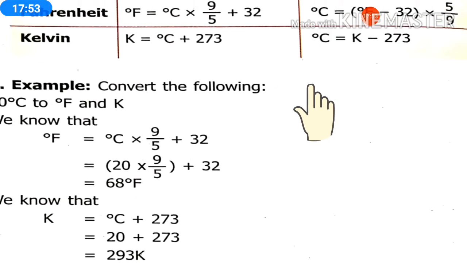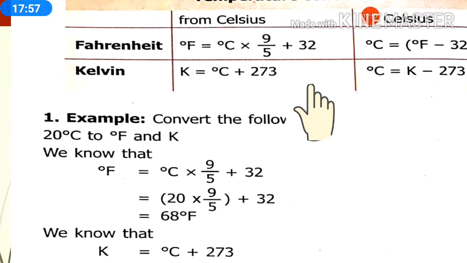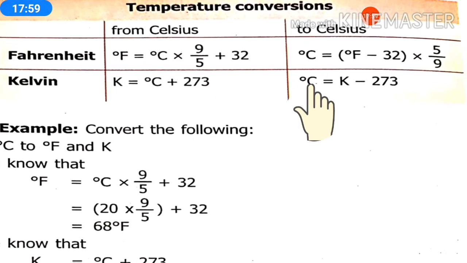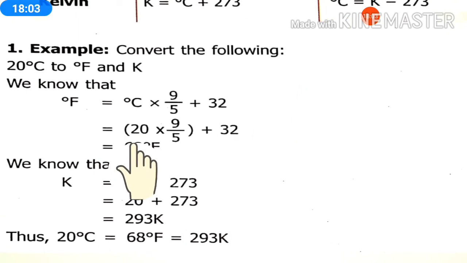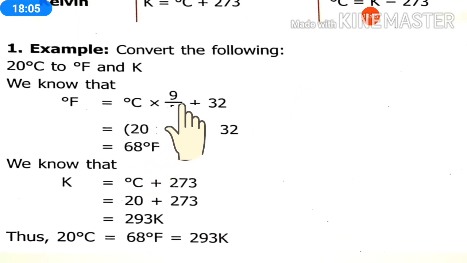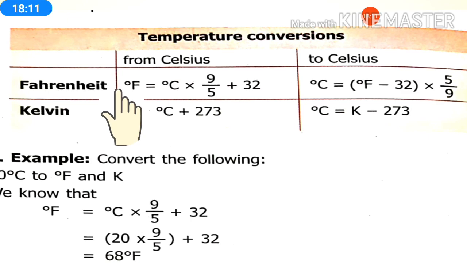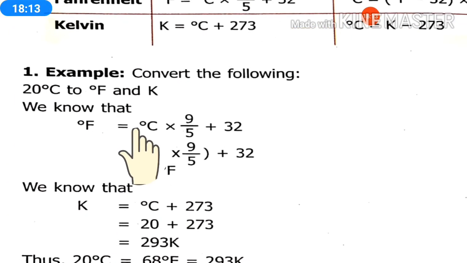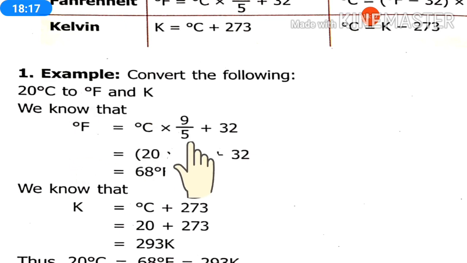See, so the Celsius value is 20. Okay, we have to convert to Fahrenheit. So we put in this value. The Celsius value is 20, then we multiply it by 9 by 5 and add 32.